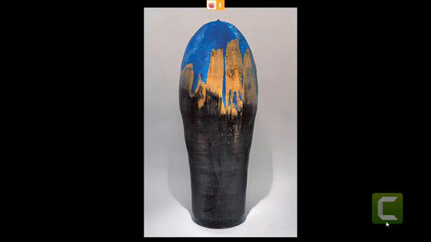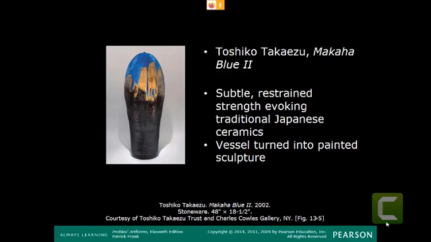And here's another example of a craft being used. It doesn't exactly look like a cup or a bowl, but a little bit more on the side of it being a sculpture. Toshiko Takaezu, Makaha Blue 2.